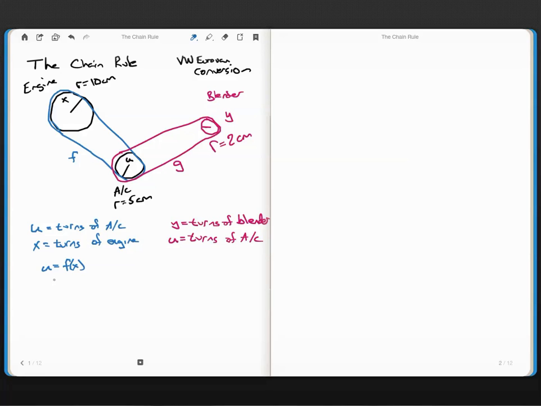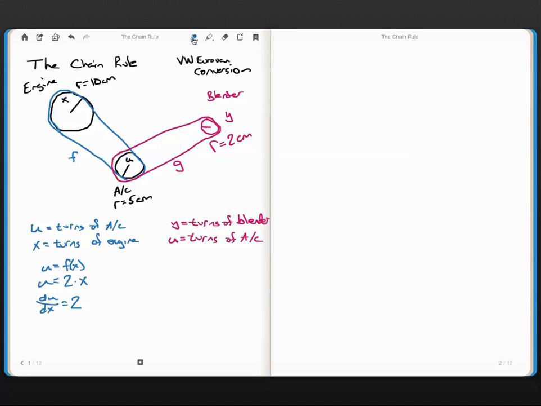And in fact, I know what it's going to be. u is going to be 2 times x. Why do I know it's 2 times x? Because the radius is twice as big. So for every one of these, this does 2. Oh yeah, that's the derivative. So du dx equals 2, right? Yeah, sure it is.